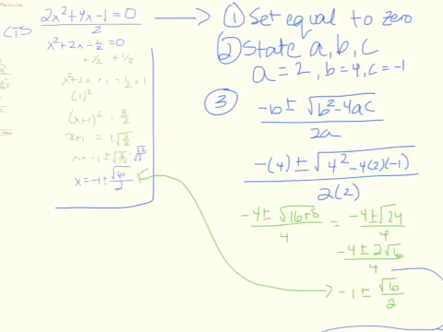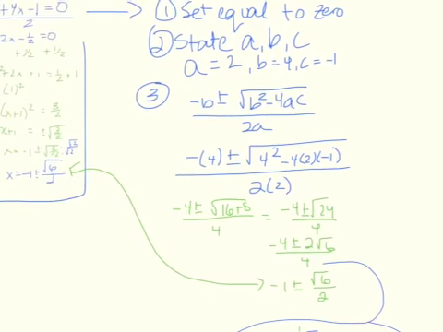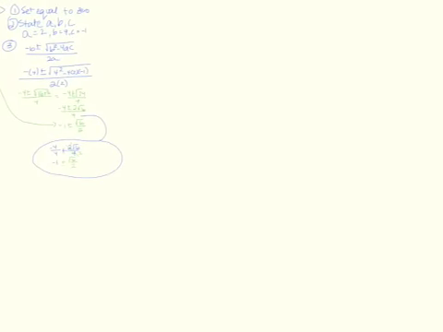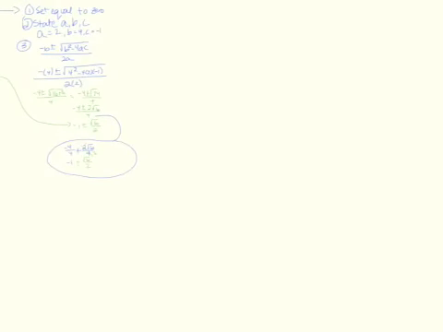Okay, let's do another example here. So we are going to move this over, get it out of the way, make it smaller, put it in the corner. So, rule 1, set equal to zero. Rule 2, state A, B, and C. Rule 3, put it in the formula and simplify. So let's do this one, one that normally would be really tricky. 3x squared plus 7x minus 4 equals 13. Rule 1 is set equal to 0.